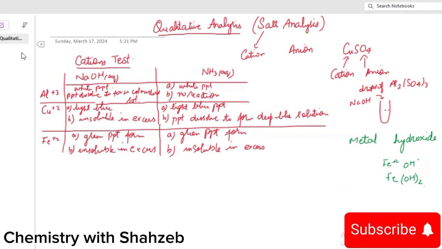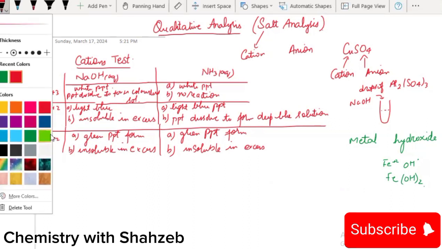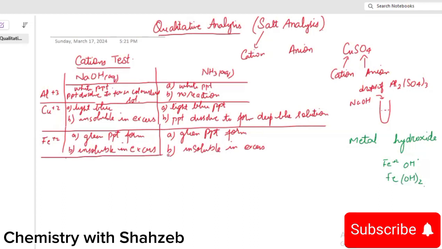Now moving further, let's discuss them in more detail. Now we have Fe 3+. A reddish brown precipitate forms on addition of drops of aqueous ammonia or drops of sodium hydroxide.